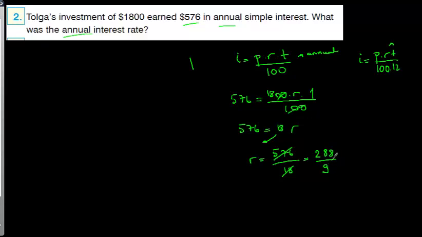When you divide by 3, it's going to be 96 over 3. When you divide by 3, it's equal to 32 over 1. So R is equal to 32, and 32% is the interest rate. Okay.